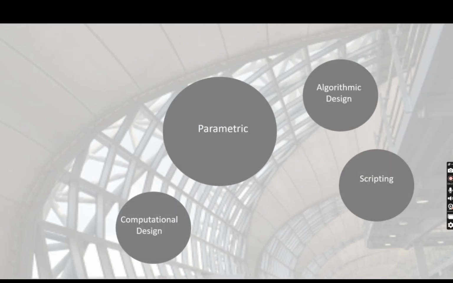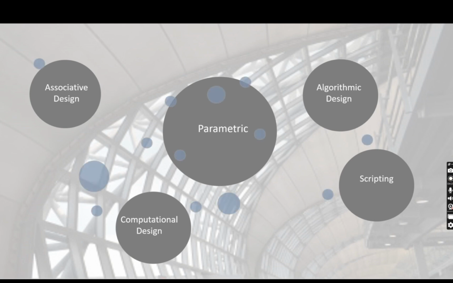There are different terms for parametric design: parametric design and algorithmic design, scripting, computational design, and associative design. All these terms have the same main meaning as parametric architecture.